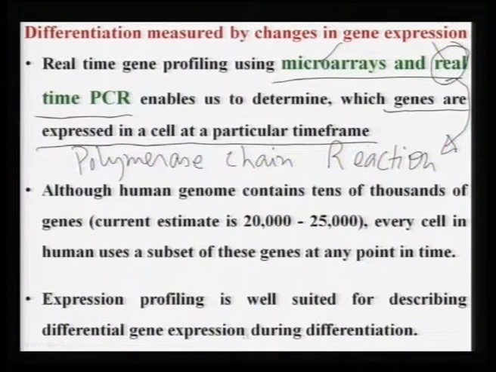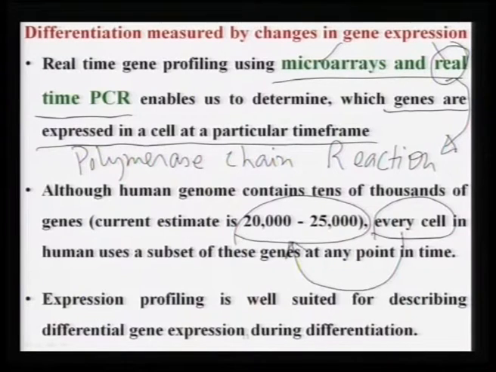Human genomes typically contain tens of thousands of genes, an estimated 20 to 25,000 different genes, and every cell in a human uses a subset of these genes at any point in time. That means any living cell uses just a few of those 20-25,000 genes for its survival or functioning.